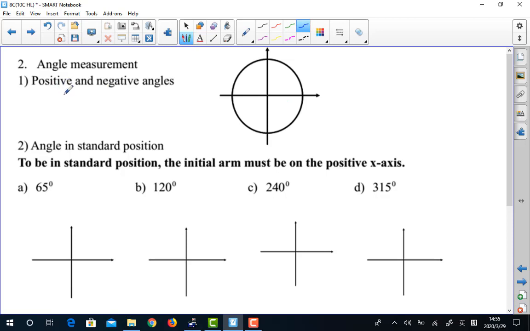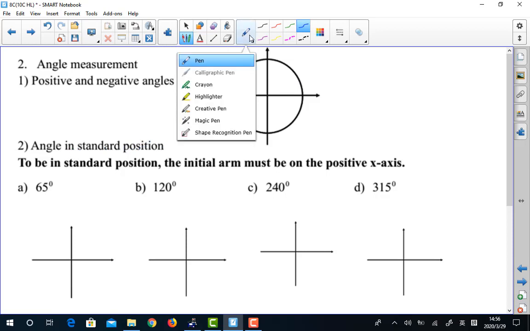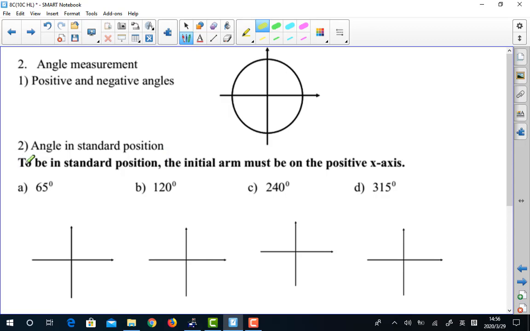When we need to talk about positive and negative angles in a coordinate system, we need to make sure the angle is placed in standard position. What is an angle in standard position? We always place the initial arm on the positive x-axis, and the vertex of the angle is always on the origin of the coordinate system.